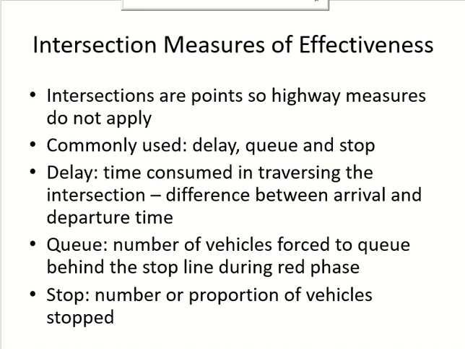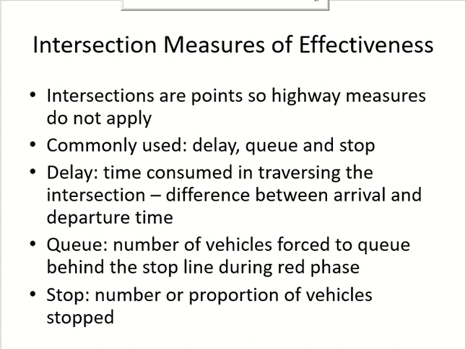Then we have the queue itself. Queue is measured in terms of number of vehicles: how many vehicles are in the queue? The longer the queue, the worse the performance. Then stops. Stops can be used as a criterion using number of vehicles or proportion of vehicles: how many vehicles stop, or what percentage of vehicles stop.